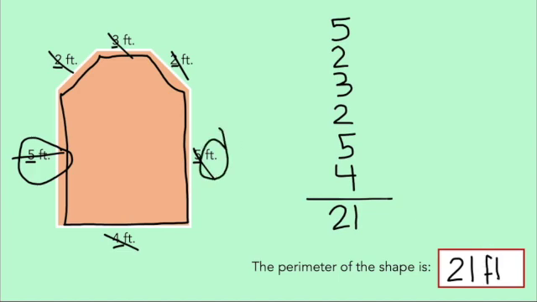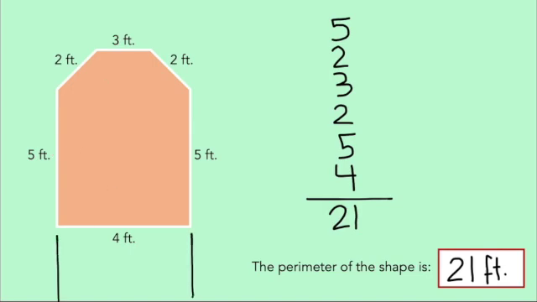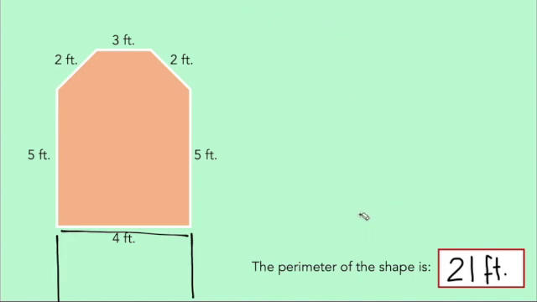21 feet. So let's say that this shape was the shape of my backyard, okay? So let's say that this was where my house was, right? And my backyard was this shape. And if I called a fence company and I told them, hey, I want a fence put in around my backyard, well, the measurement that they would need would be the perimeter of my yard.